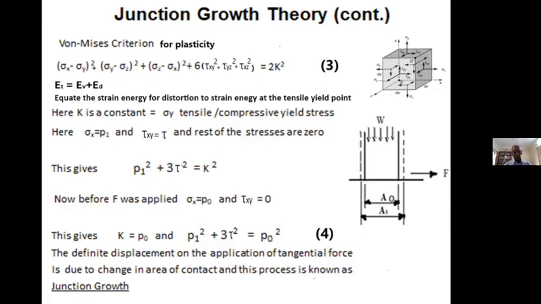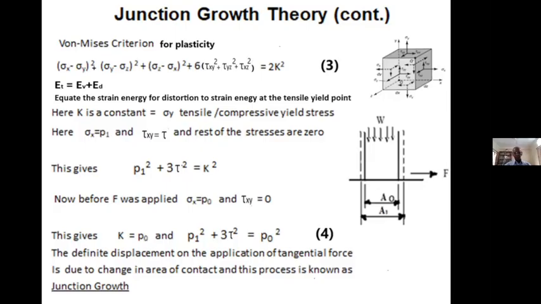So this slide shows that if we consider the 3D stress distribution and take a flattened asperity in a 2D situation, subjected to a normal force W and a tangential force F, then we have got an equation of the form P1 squared plus 3 tau squared is equal to P0 squared.